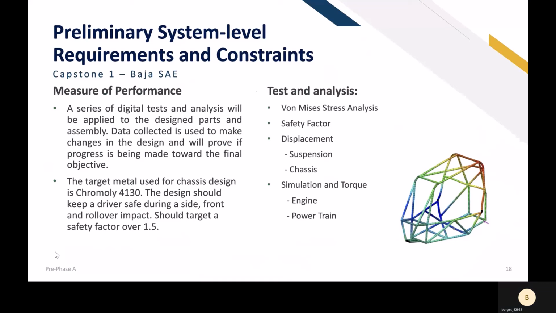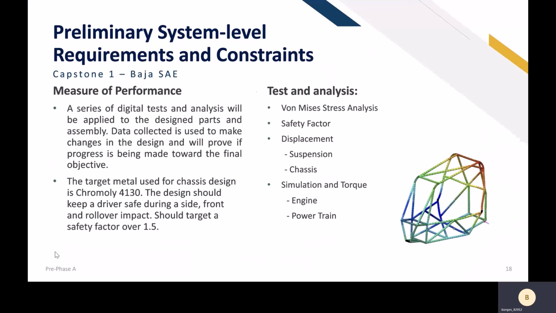The target metal used for chassis design is chromoly 4130. The design will be made using different metals to test hardness and also analyze the impact of each metal's cost on the final price of the vehicle. The design should keep a driver safe during a side, front, and rollover impact, which will be analyzed with the SolidWorks test.